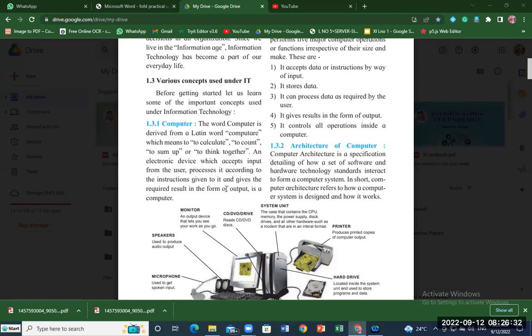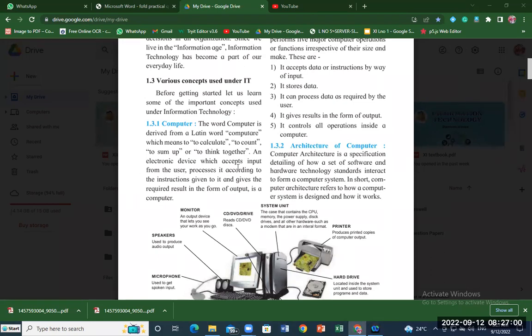So the exact work done by a computer is accepting something from the user. The user has to give the instructions, certain input, and then that input is processed according to the instructions, right? First, I'll say I want to calculate maths. Then I'll say I want to go for a program. Then I want to see a video, I want to hear some songs, correct?